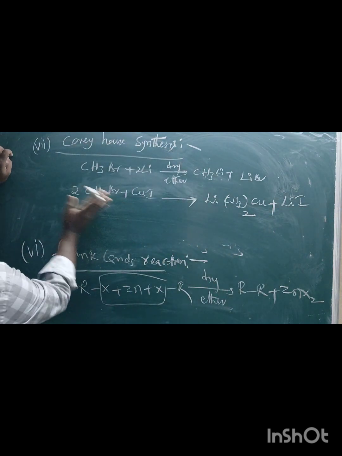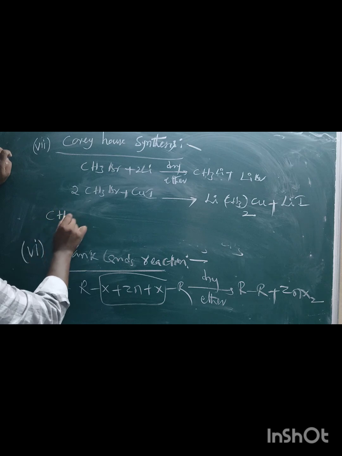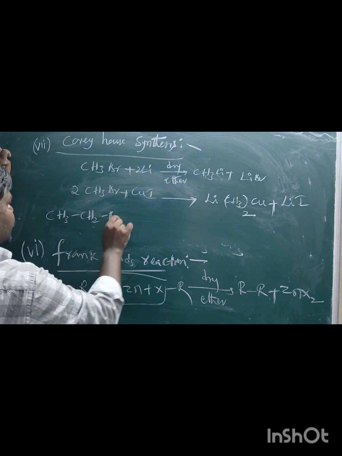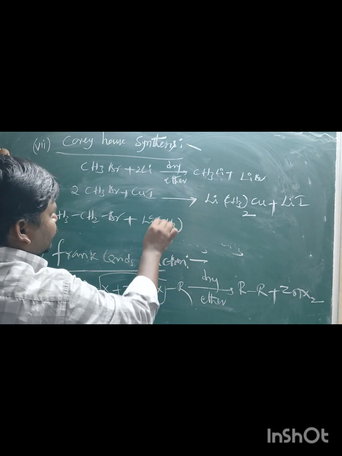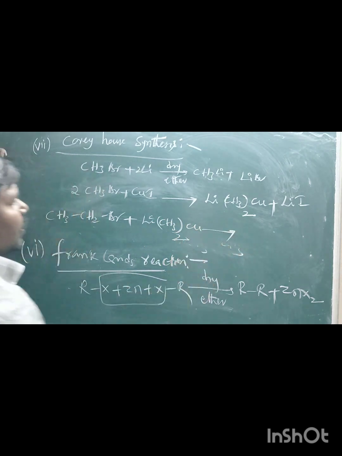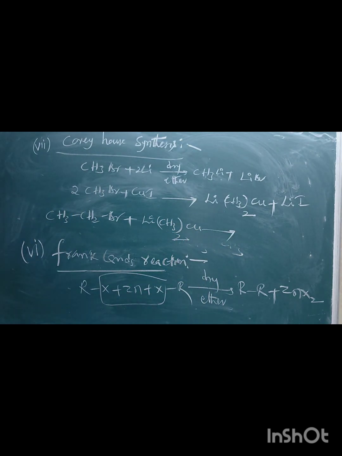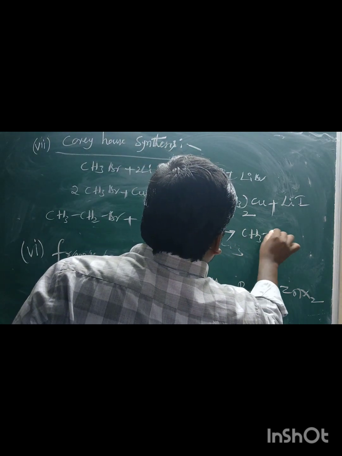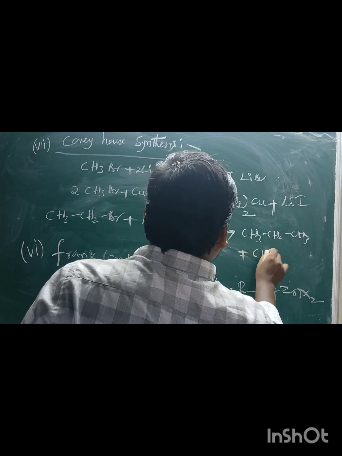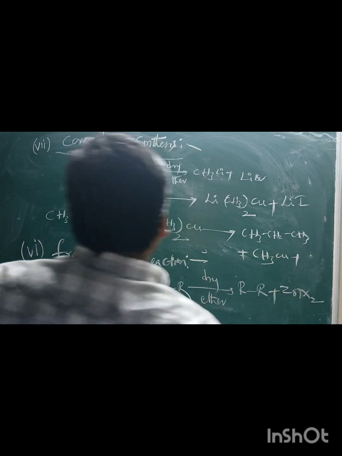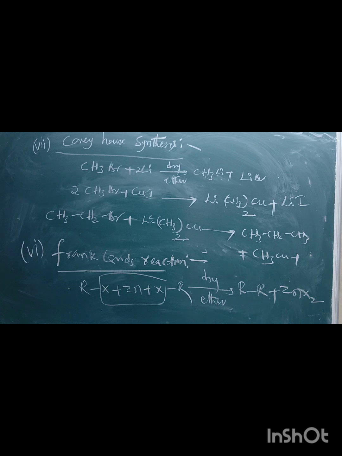This reagent reacts with ethyl bromide to form propane, CH3CH2CH3, plus methyl copper plus lithium bromide.